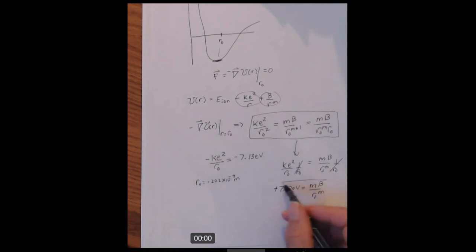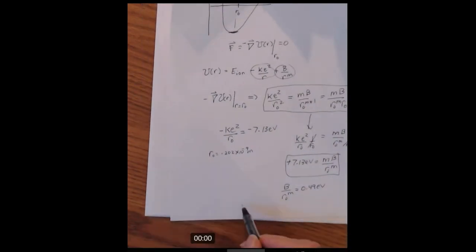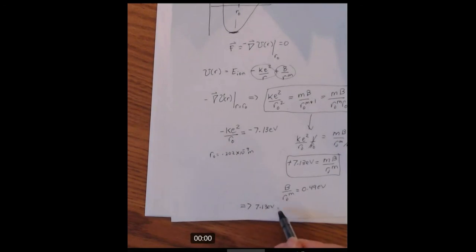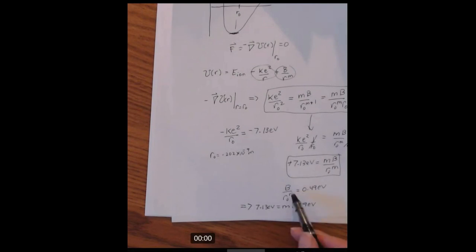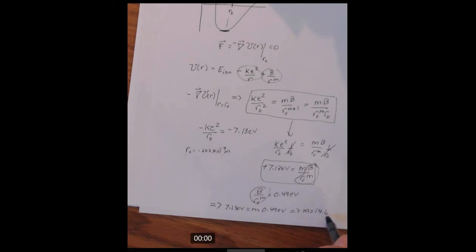So now I have this equation, and if you remember, I have this. What does that give me? That implies that 7.13 electron volts equals M times 0.49 electron volts, since this is this. So I get M is 14.6, and I'll round that up to 15.